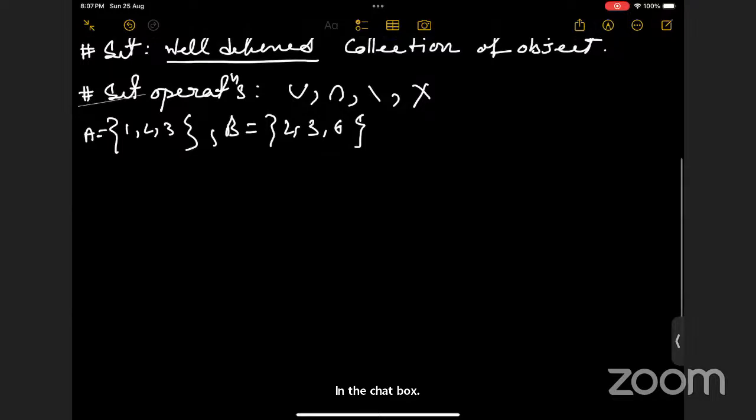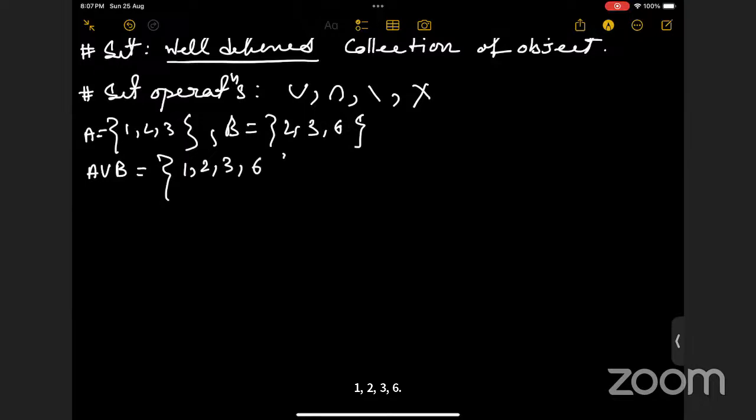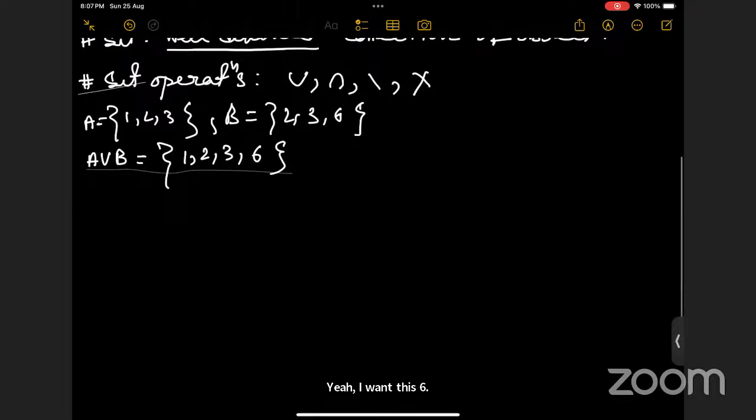So what will be the union? 1, 2, 3, 6. And the intersection? 3.